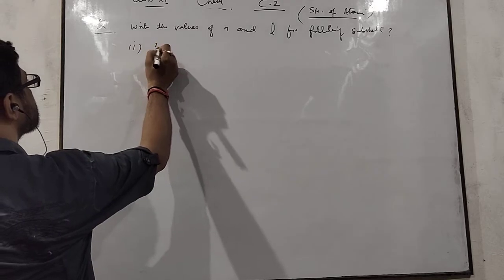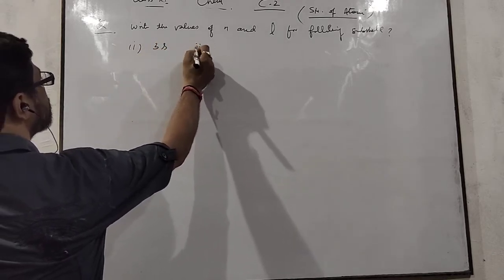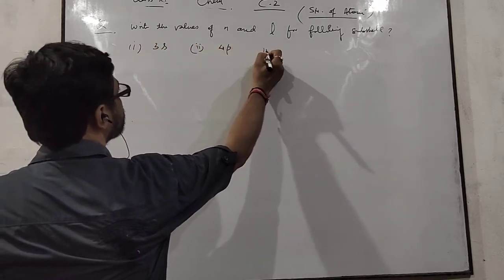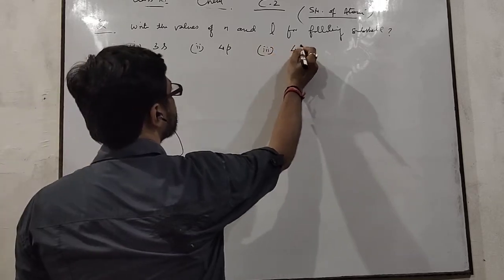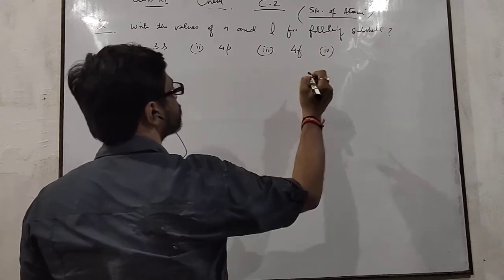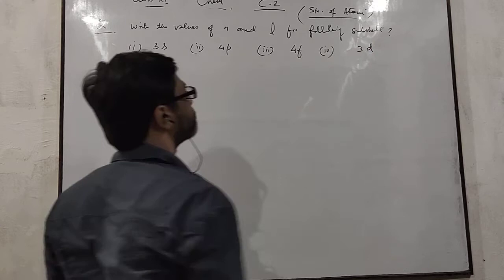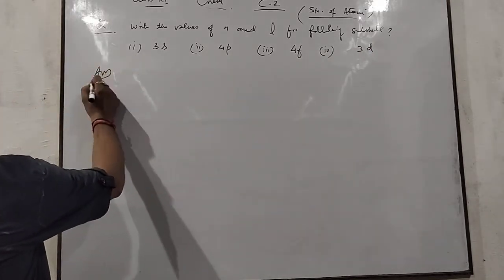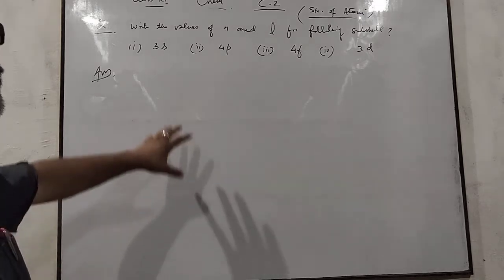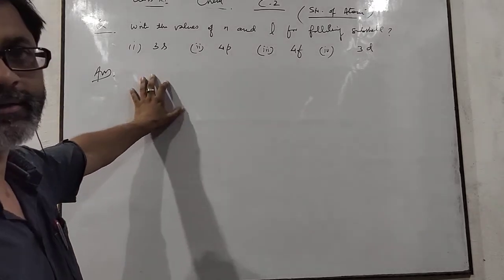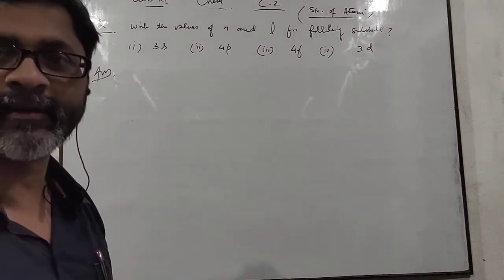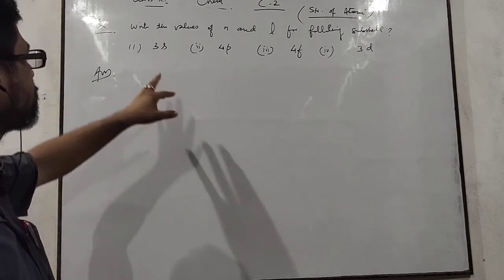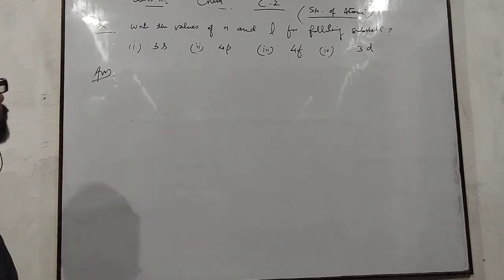First one is 3s, second one is 4p, third one is 4f, fourth one is 3d. Means, these subshells are given already and you will try to write the values of n and l. What are the values of n and l?